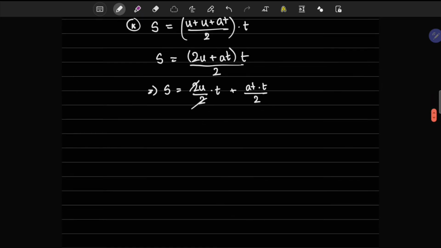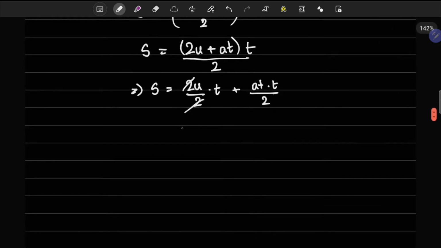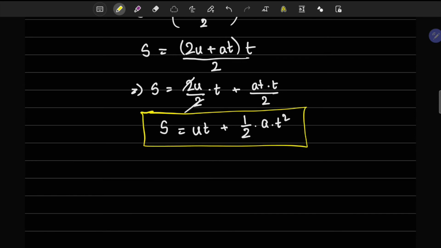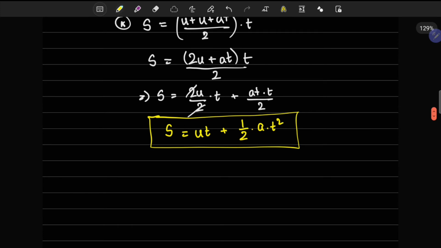The 2 and 2 divide and cancel, so we remain with S equals ut plus half times a times t squared, which is our required third equation of motion. Alright, so we're done with our third equation of motion.